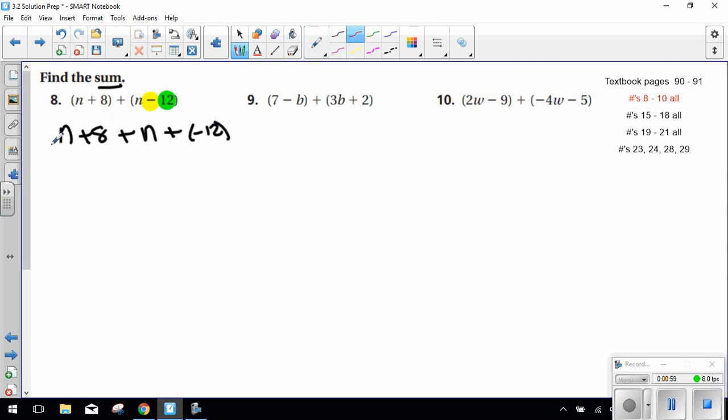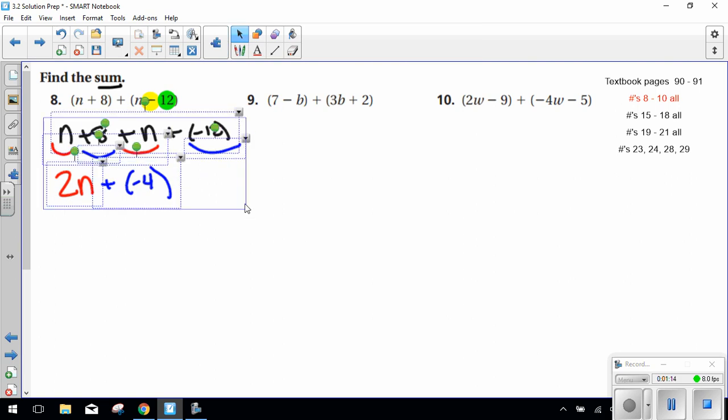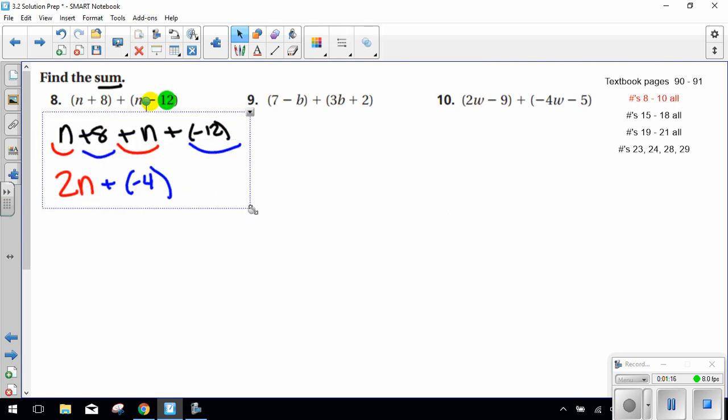I'm going to take one n and add another n to get 2n. I'm going to take 8 and add 12 and get plus negative 4. So there's my solution to number 8.